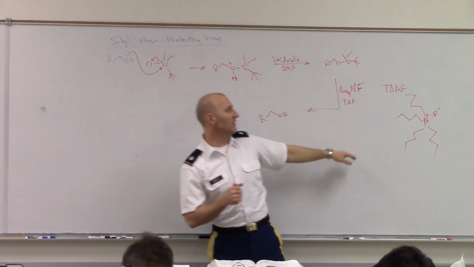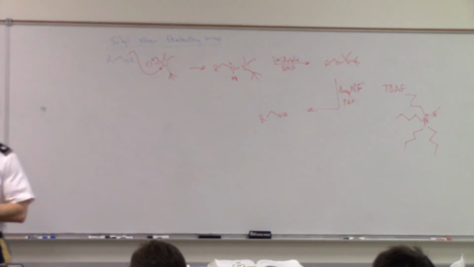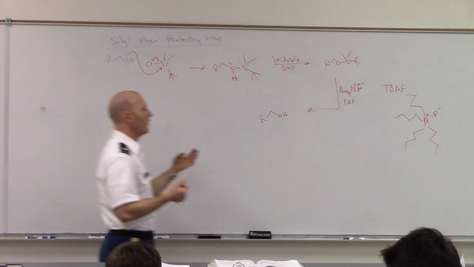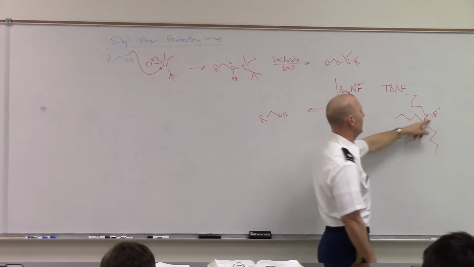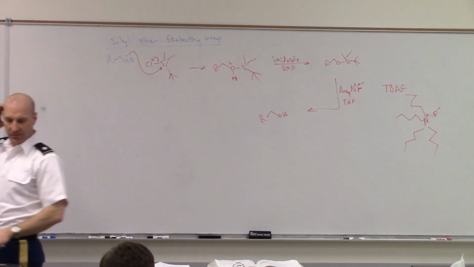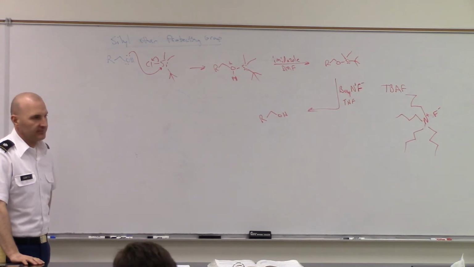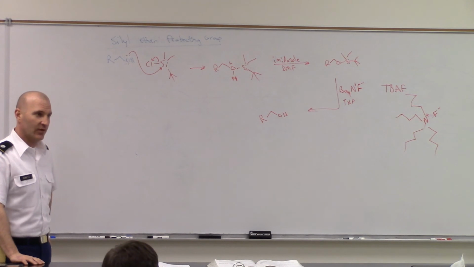And it's even easier to say TBAF than tetrabutylammonium fluoride. But you should be able to figure out tetra means 4, butyl, and then ammonium is the N plus ion, and fluoride. It's not just squiggles, it's specific 4 carbon chains.